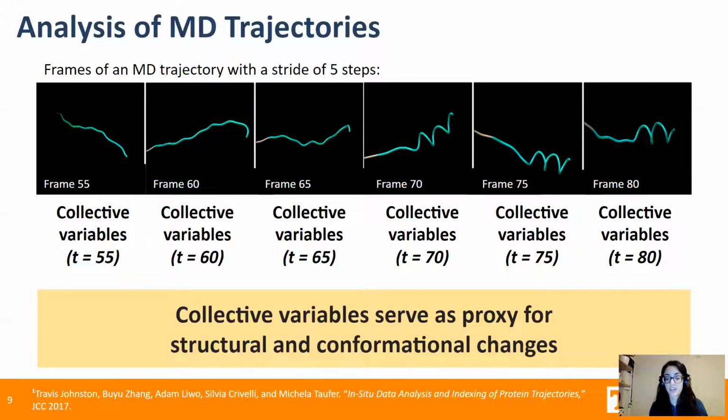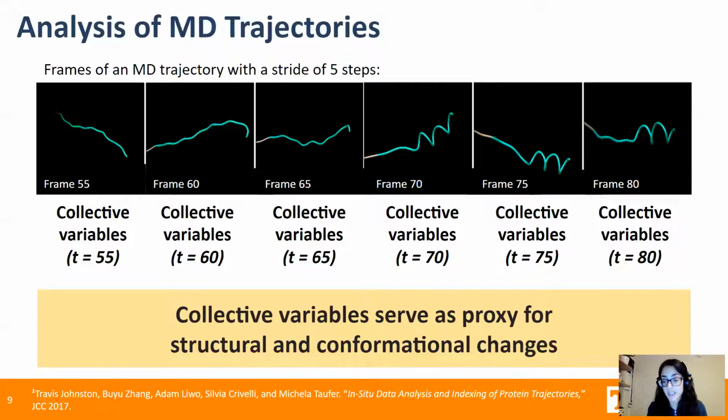So instead of having billions of atoms, we reduce this to hundreds of collective variables that capture what is happening in the structure of the protein. We compute those for each frame of the trajectory of this simulation, and by capturing that, scientists can visualize or analyze what's happening in the simulation.